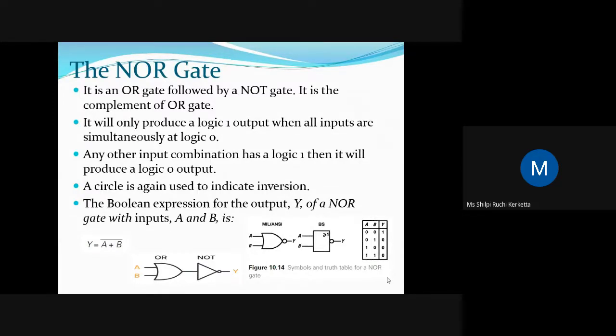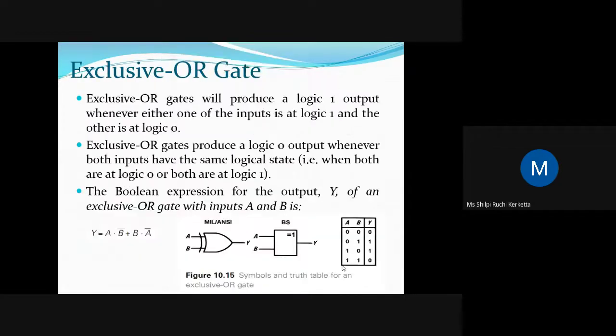Okay, so you have to study this, and one more gate is there, that is the XOR gate. This is the expression for XOR gate: Y is equal to A multiplied by B complement plus B into A complement. And this is the symbol for XOR gate.